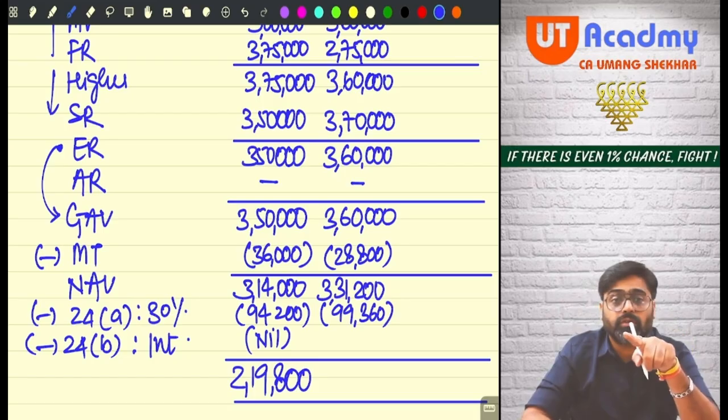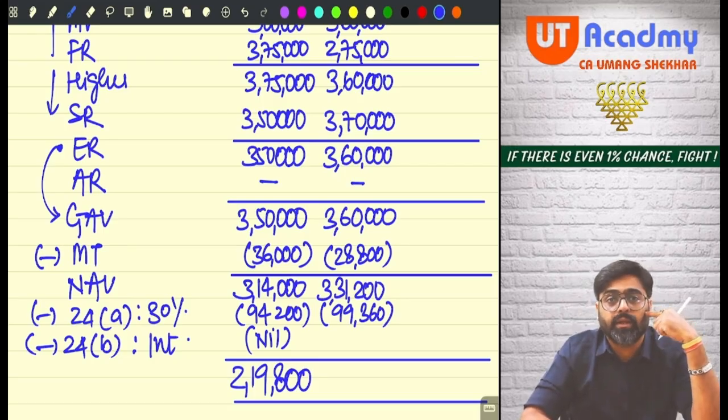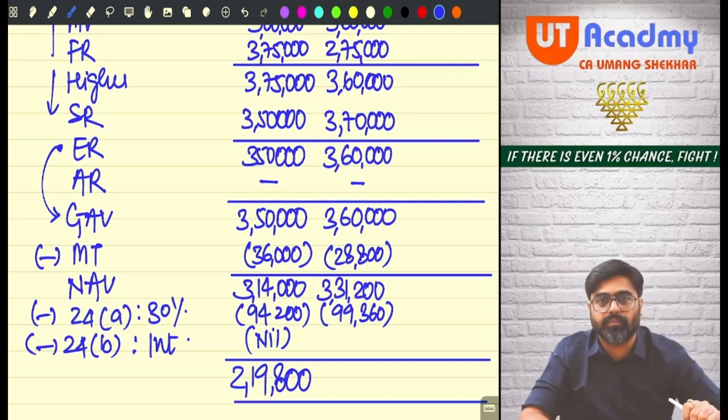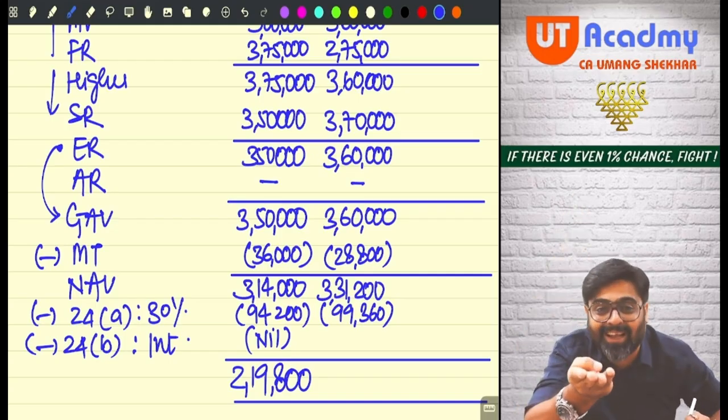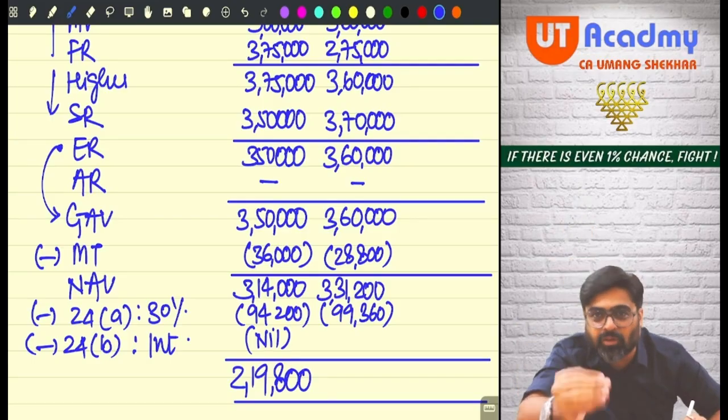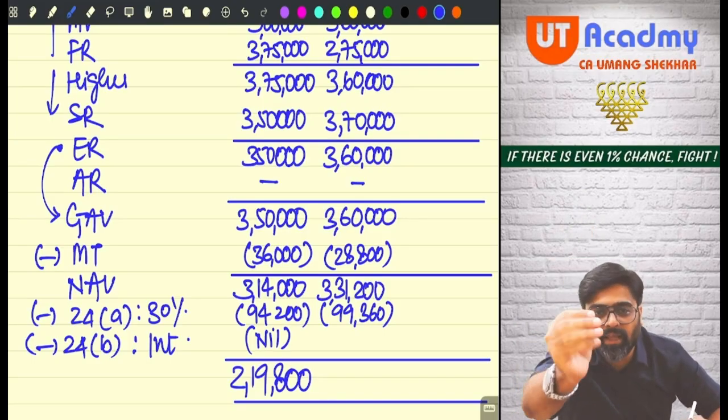Now, is there any loan taken for this house? Yes, that loan was a repairs loan, and the interest on that is 55,000. Can you see? That entire 55,000 you cannot claim; you can claim maximum 30,000 only if you treat the property as SOP. Are you treating this property as SOP or DLOP?